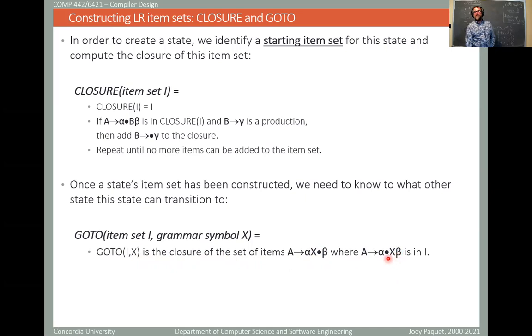So if you have this in the current state, and then you make a goto transition using X, you will find this item as a starting item of the new state in which you just transitioned.